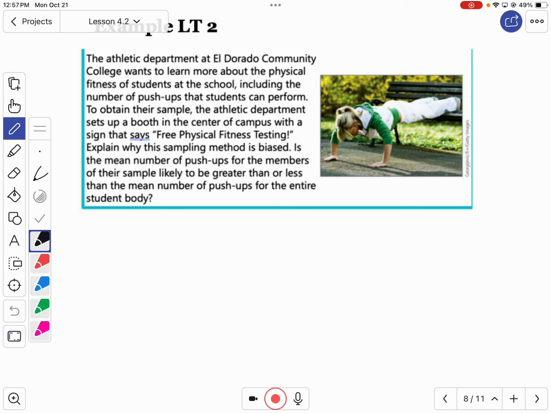It's voluntary, okay? If I can't do a push-up, am I stopping? No, okay? This is a voluntary response. Probably people that aren't in the best shape are not going to stop, all right? If we can't do push-ups, we're probably not stopping.